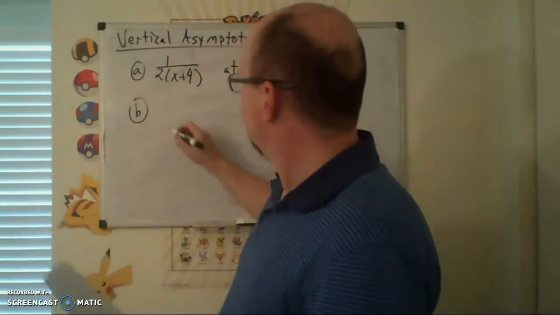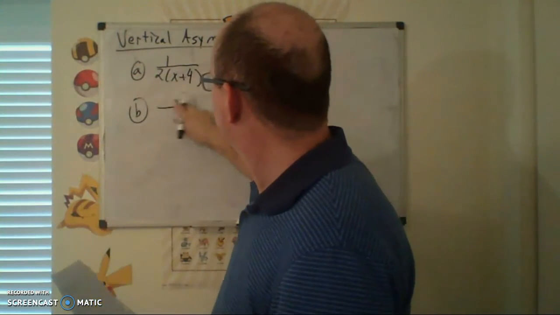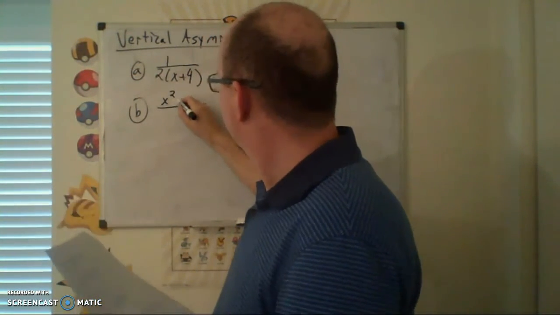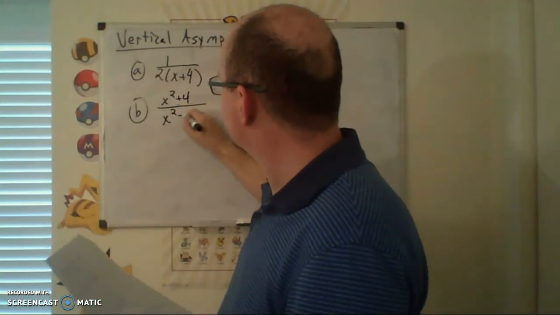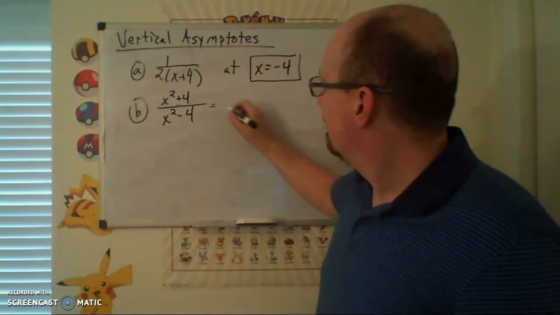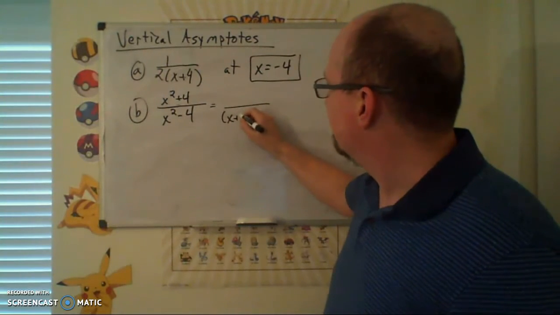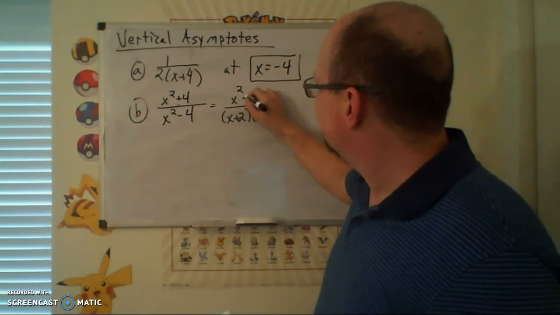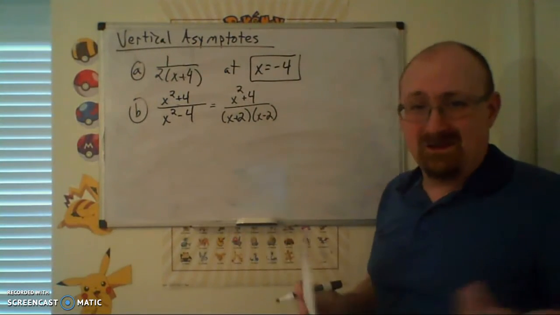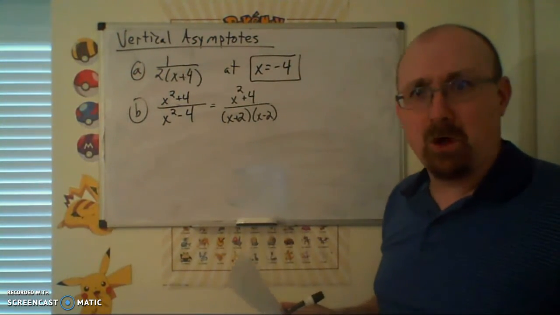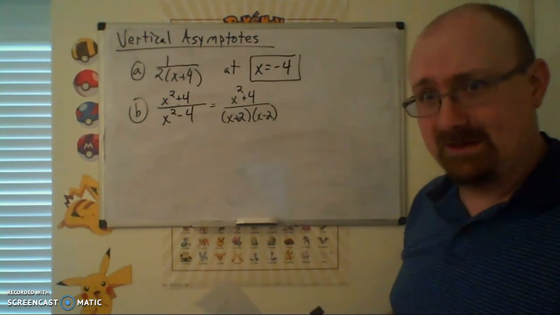So next we've got, we don't have a 1 up top. We have (x squared plus 4) over (x squared minus 4). So we can factor the bottom. It's a difference of squares. The top, you can't really break that thing apart at all. X squared plus 4 is what you might have heard called an irreducible quadratic at some point in the past.